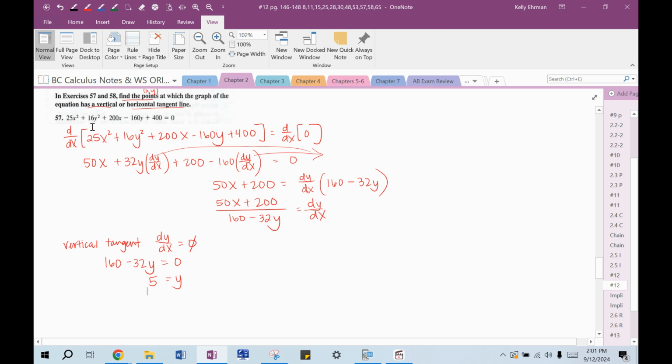The only way for me to know what x is when y is 5 is to plug in 5 for the y's and see what x comes out to. So that's 25x squared plus 16 times 25. This is where I am going to use a calculator. Plus 200x minus 160 times 5 plus 400 has to equal 0.